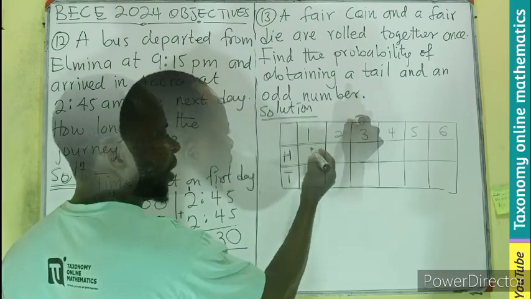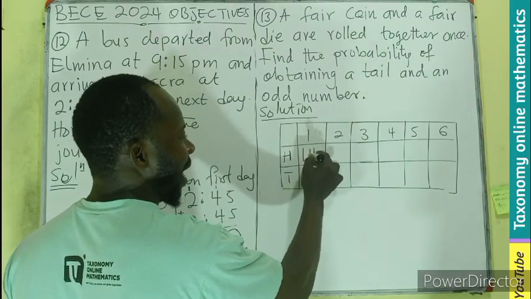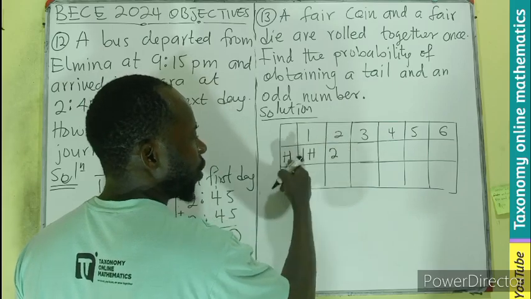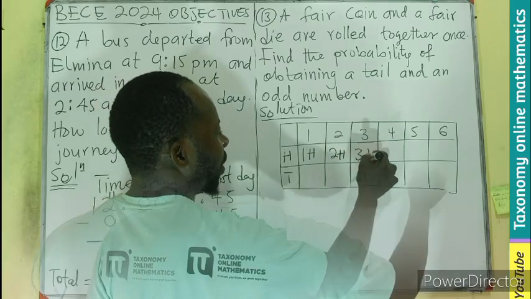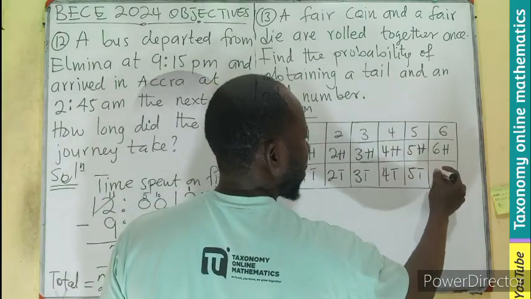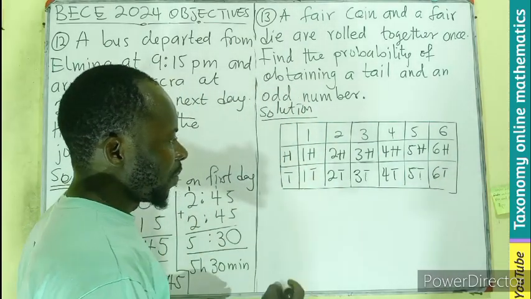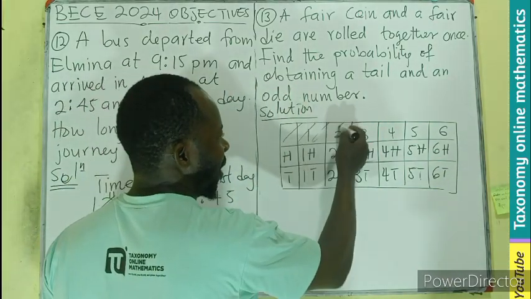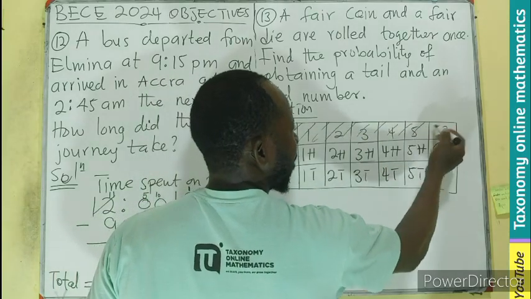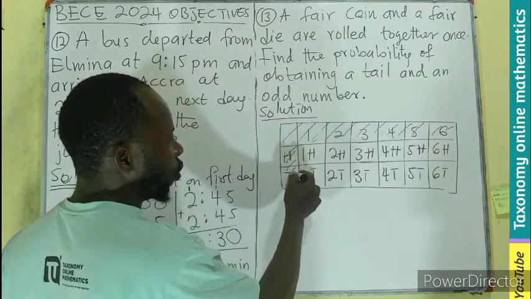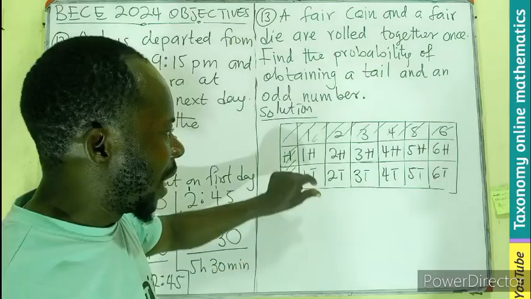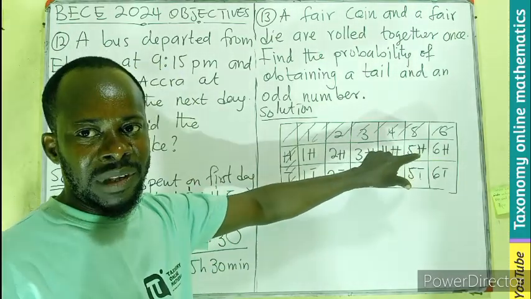Having 1, pick 1 and a head, 2 and a head, 3 and a head. So now that we are done, the regions here are showing a head, and these regions here are showing a tail. So we are only left with here as the possible sample space.